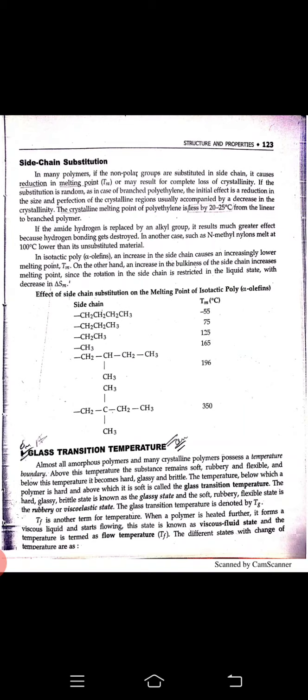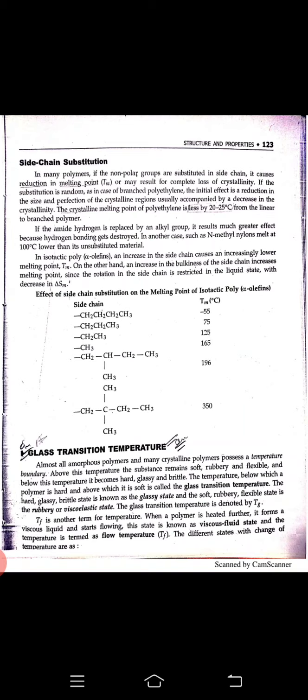Almost all amorphous polymers and many crystalline polymers possess a temperature boundary. Above this temperature, the substance is soft, rubbery and flexible, and below it the substance becomes hard, glassy and brittle.